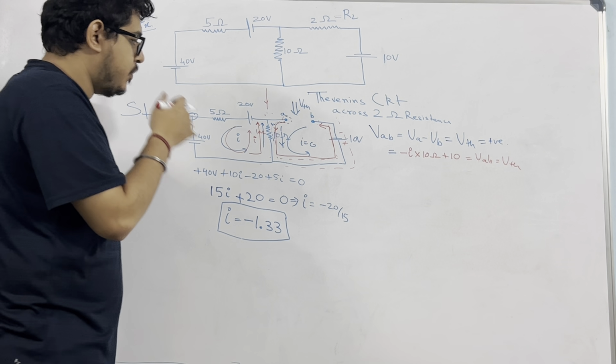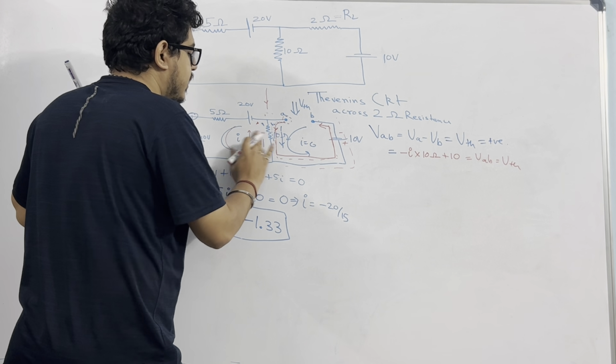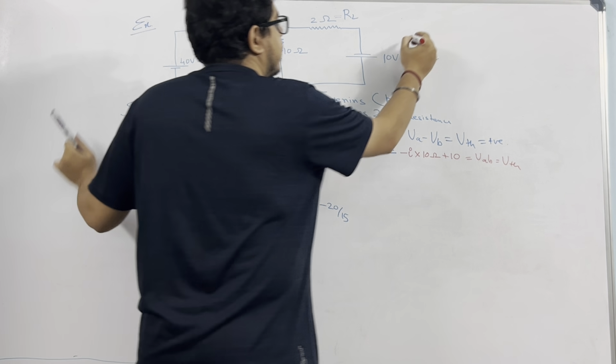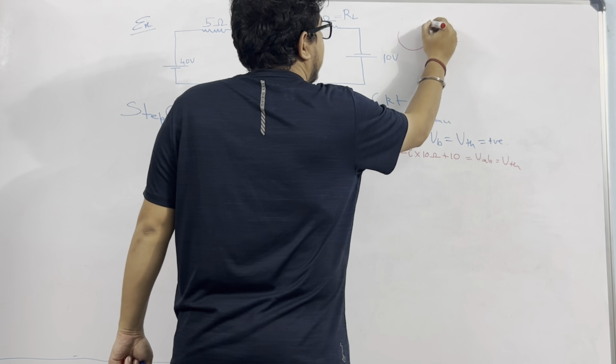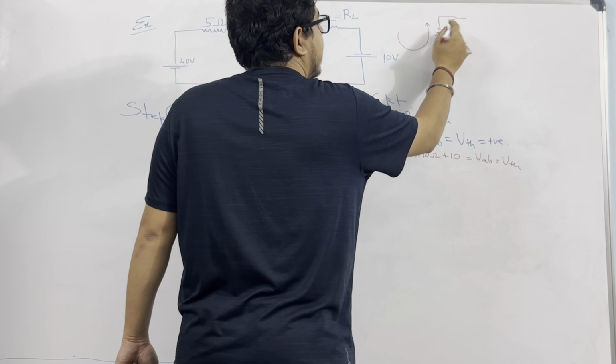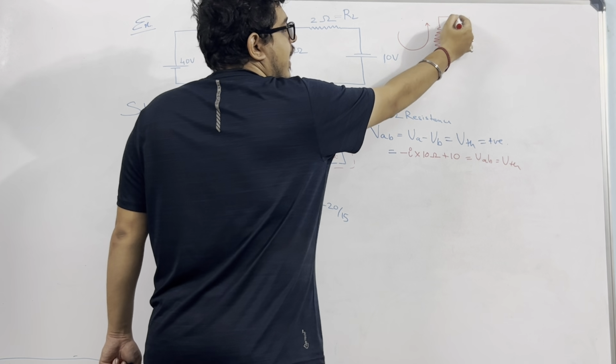Because I explain you, I again explain you that in this part I assumed I to be like that, and from A I am coming like this. I want to go from A to B. So what is the potential drop if I am coming like this?